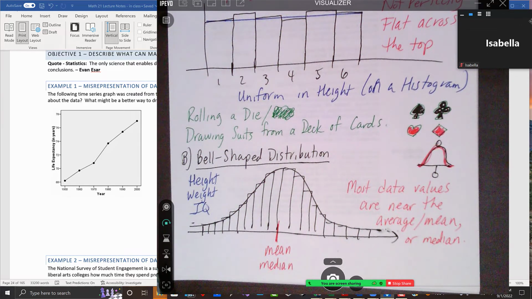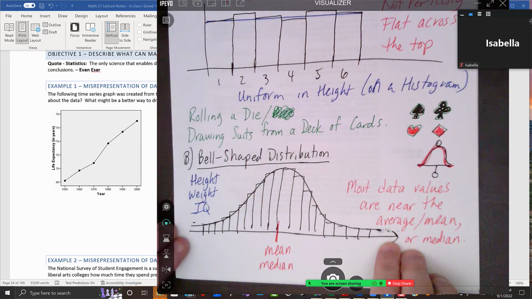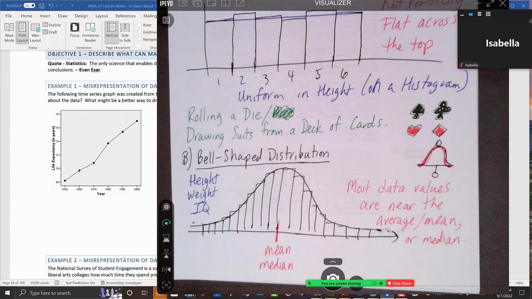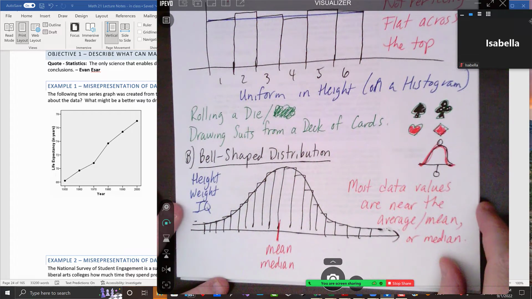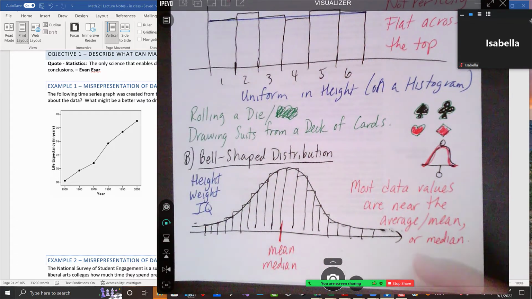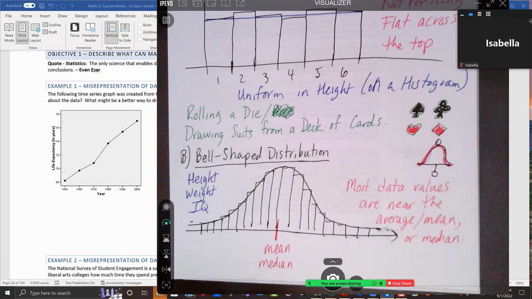A perfectly average person has an IQ of 100, and we'll go over how this works. But people that are above like 145 or below 55 are way out here on the edges, and there's very, very few people in those categories. Most people are within 85 to 115 on the IQ scale. So the mean and the median are kind of the same on the bell-shaped distribution. They're near the middle.